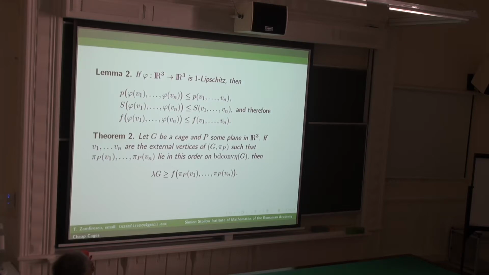We have a cage, we have some plane, and if V1, ..., Vn are the external vertices of the projection of G on the plane P, such that these lie in this order, then the length of G, of the cage, is at least f of this. This will be crucial for the calculations afterwards.